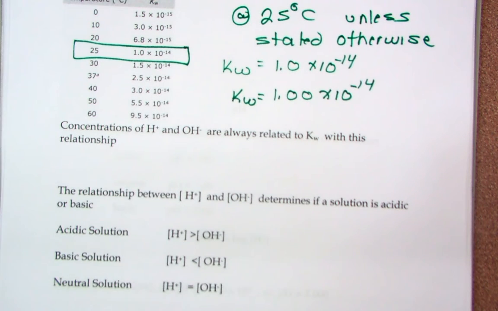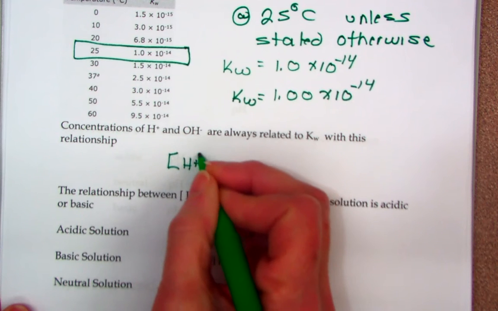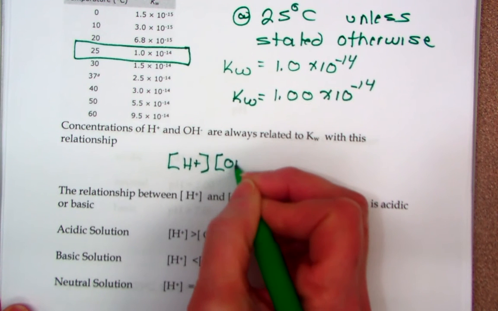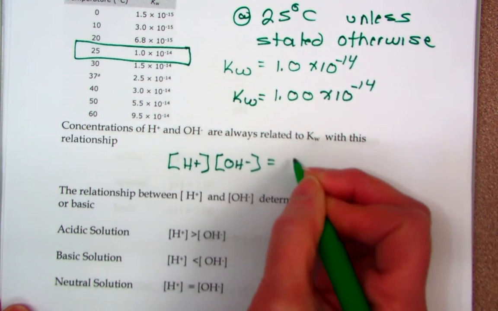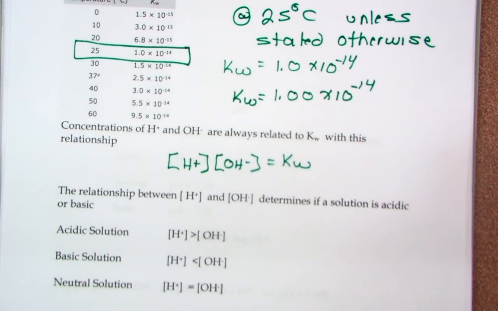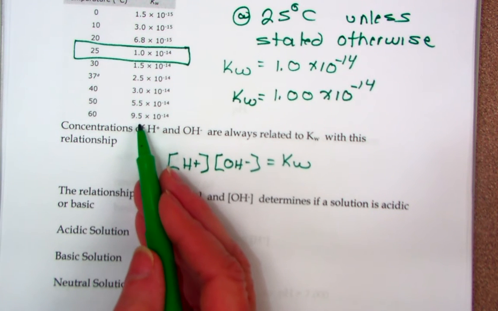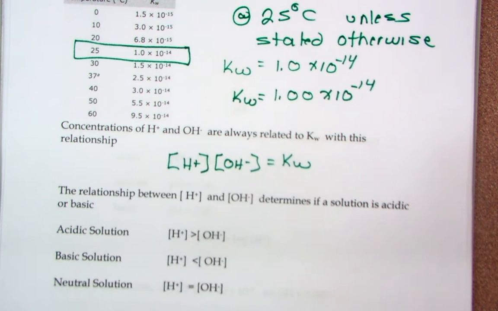Now, the concentrations of the hydrogen and a hydroxide ion are always related to Kw with this relationship regardless of what the numerical value of Kw is. So at 25 degrees, hydrogen times hydroxide is 1 times 10 to the negative 14th. But at 60 degrees, hydrogen times hydroxide is still Kw, but now it's 9.5 times 10 to the negative 14th because you're at a different temperature.